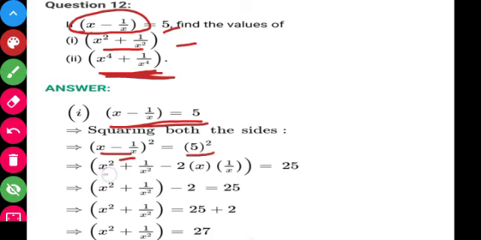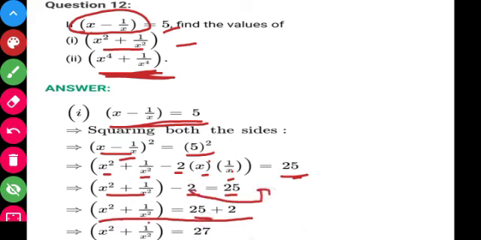So this will be a square plus b square minus 2ab is equal to 5 square, that means 25. Again x cancels, so this will be minus 2 only, and x square plus 1 upon x square minus 2 is equal to 25. Therefore x square plus 1 upon x square is equal to 25 plus 2, so this will be 27.